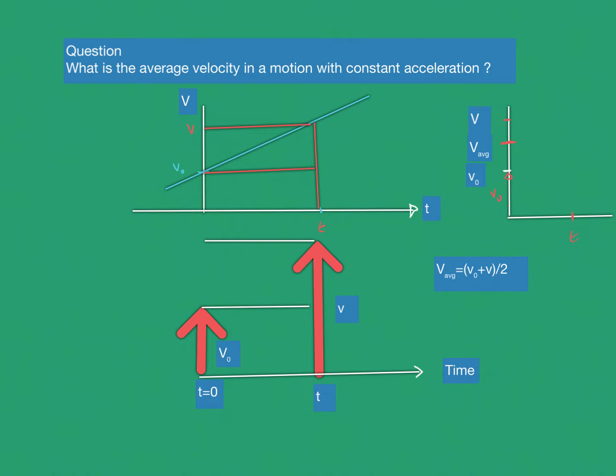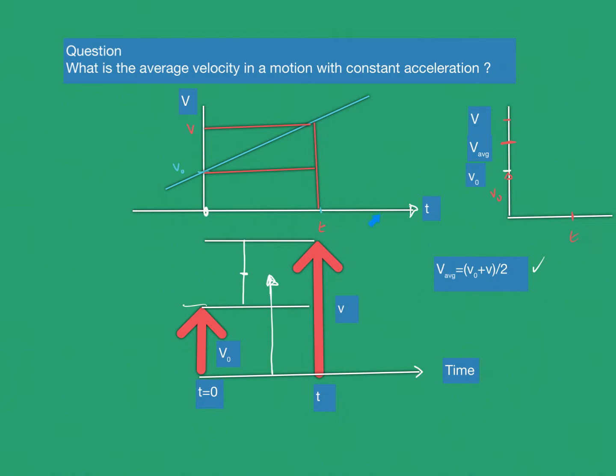This is v average. You divide that by 2, and this is the average velocity, v0 plus v divided by 2. But this is the average velocity between this interval of time, between 0 and t.